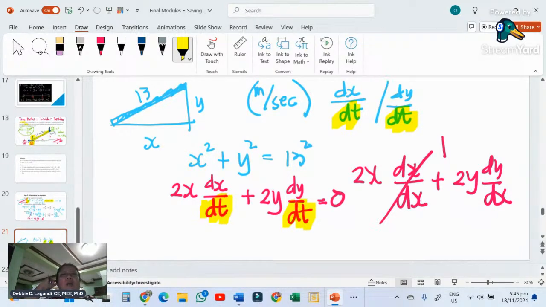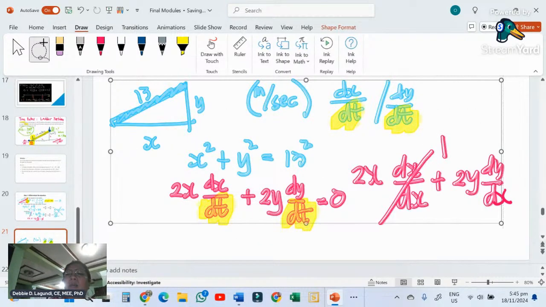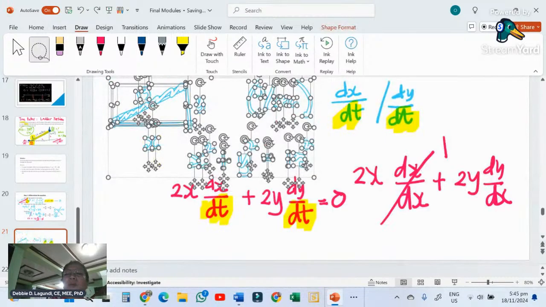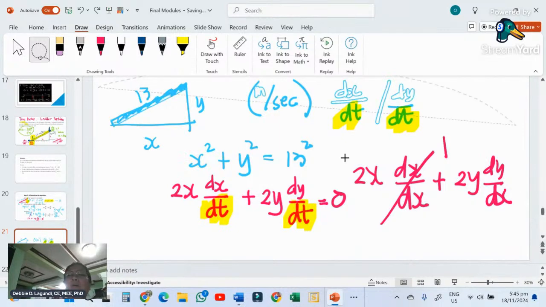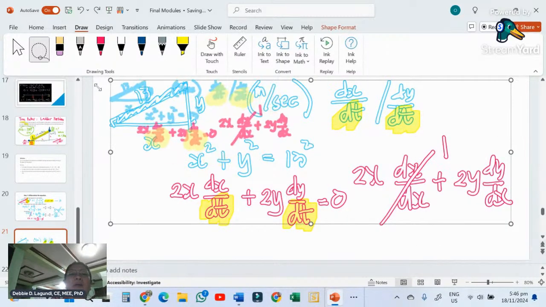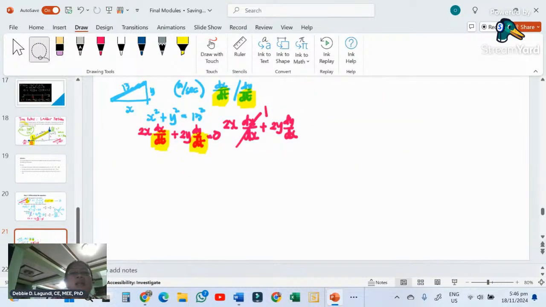Okay, now what we are interested in is the dy over dt. What we will do is we can make this one smaller, so that we will have more space.